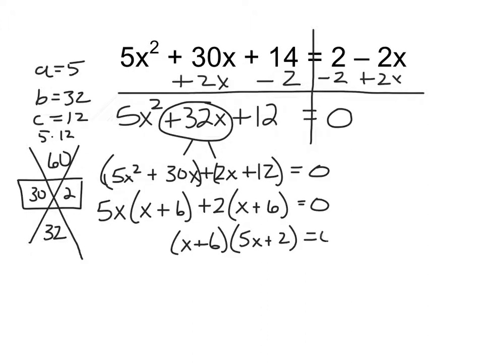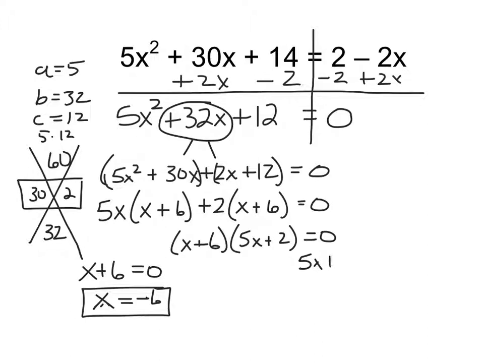Okay, so now I'm going to take this example again. x plus 6 equal to 0. Solve it, so I would subtract 6. So x is going to equal negative 6. There's my first answer. Then I'm going to take 5x plus 2, set it equal to 0. And you'll notice on this one that with that number in front of x, it changes things, because what I'm going to have to do here is subtract 2.